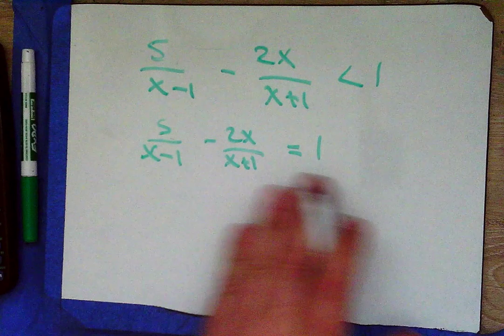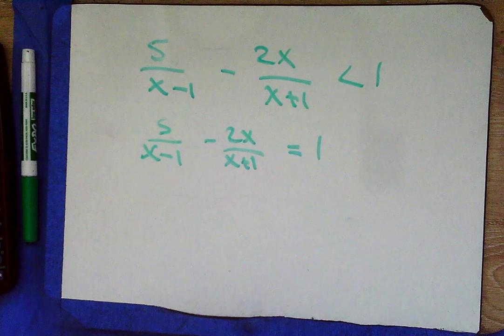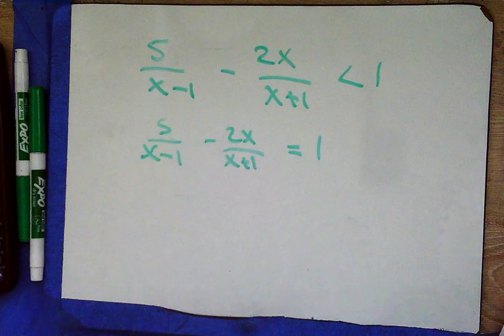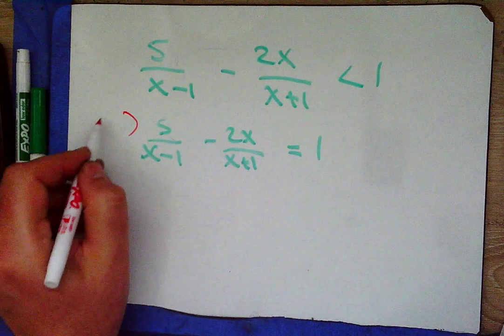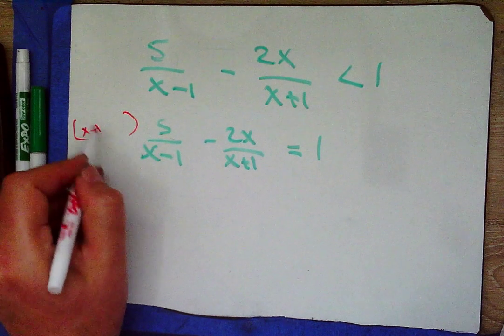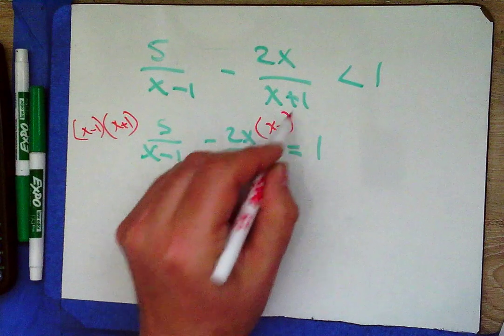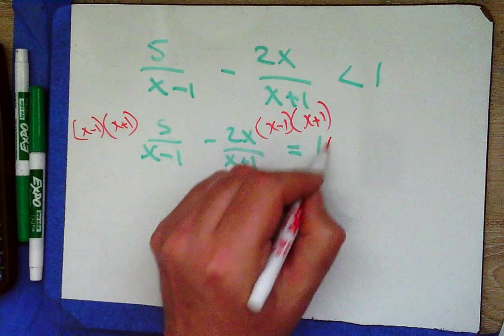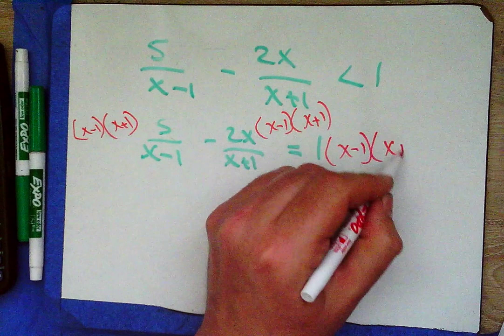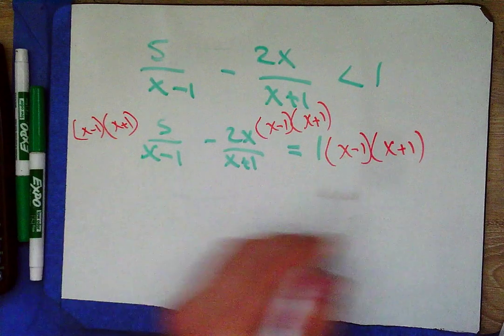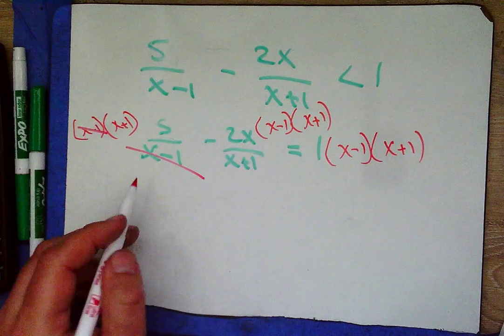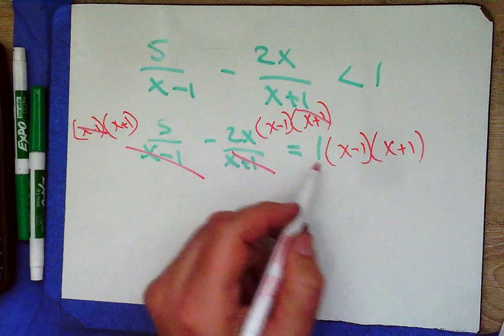Well, I want to get rid of the fractions. And so I'm going to multiply everywhere, just like we did in solving. I'm going to multiply everywhere by x minus 1 times x plus 1, the least common denominator, to cancel these things out.